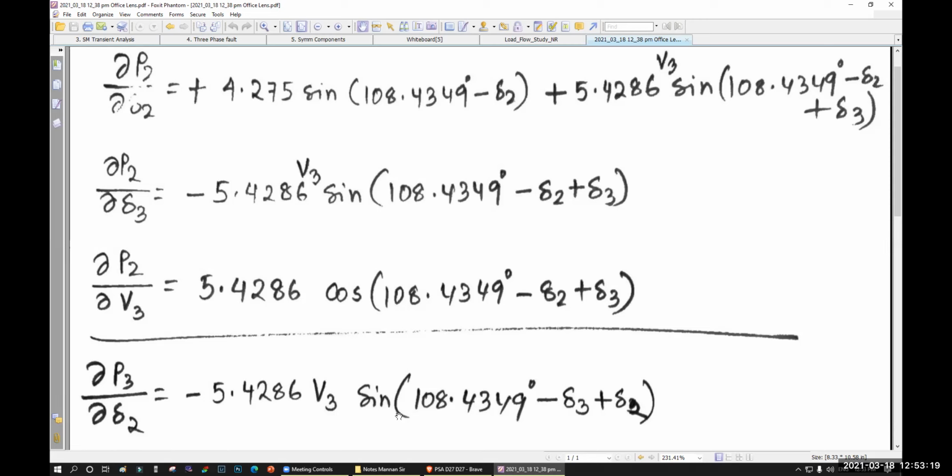Del P to del Q3 minus 5.4286 into V3 is 1 sine 108.4349 minus del 2 del 3. Fine. Okay. Next one is this one. 5.4286 cos 108.4349 minus del 2 del 3.